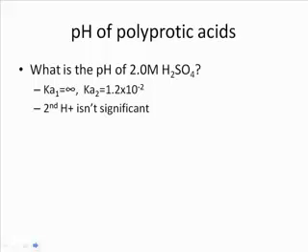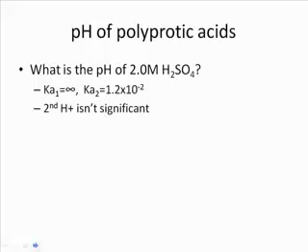So here, in looking at, say, the pH of 2 molar H2SO4, the first hydrogen is a strong hydrogen, and so there's complete dissociation of that hydrogen. That's why we consider sulfuric acid to be one of our strong acids. The second hydrogen is not significant relative to that.